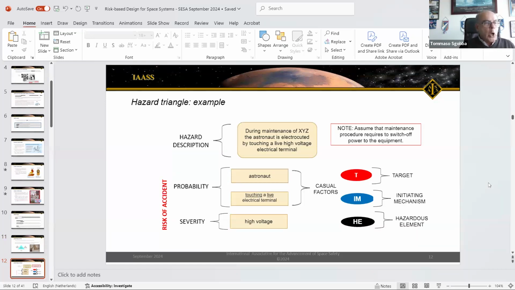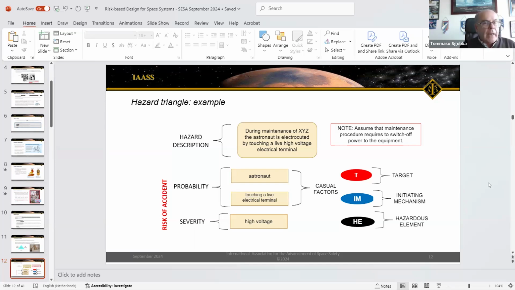This is the description of the hazard. And you see that high voltage is basically the hazardous element, the initiating mechanism is the touching, and the target is the astronaut. And it is the probability of the astronaut having access to the area where these live contacts are, at a moment in which power should not be there but inadvertently has been applied. This created the probability for that hazard to become an accident.